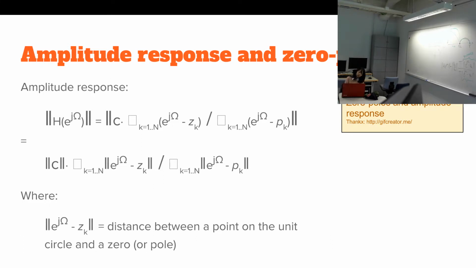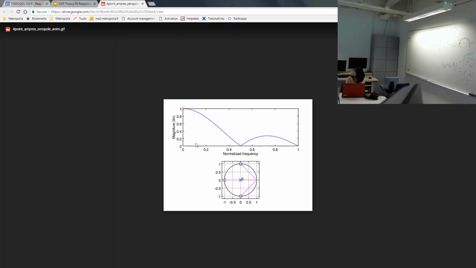Okay, let's see what happens to my animation if I click here. Ooh, yes, there's actually that dot going. And yeah, that's the 4-point running average again.